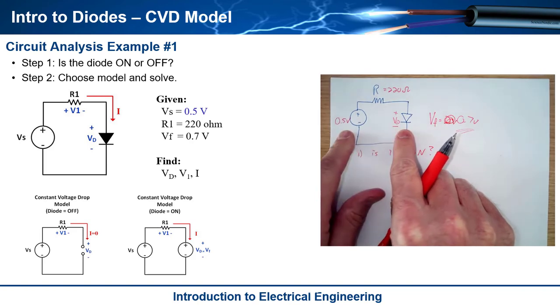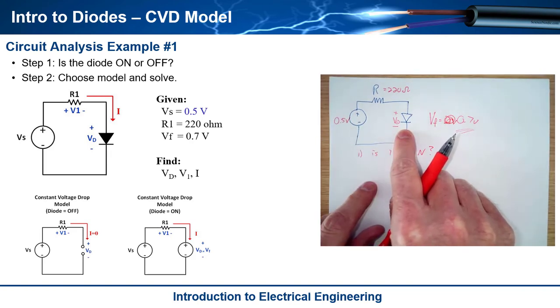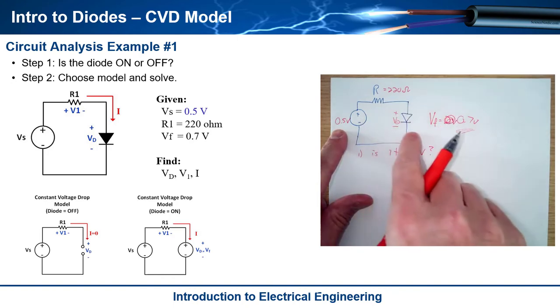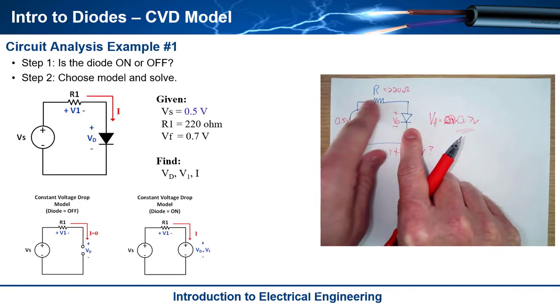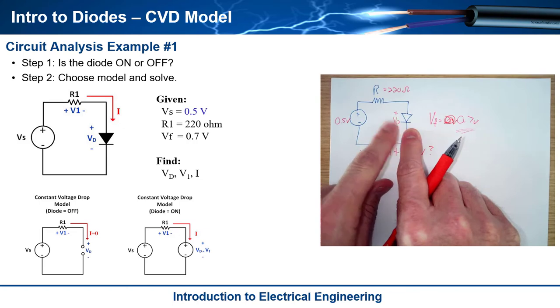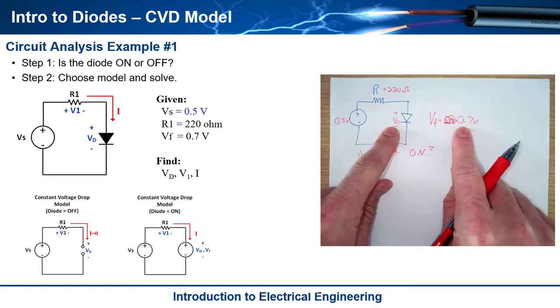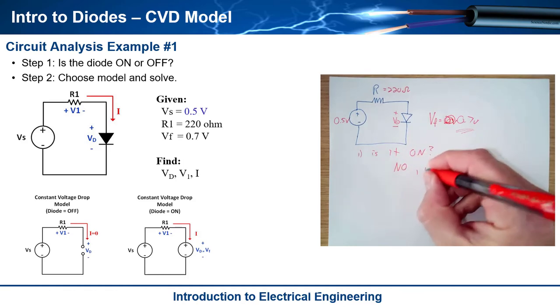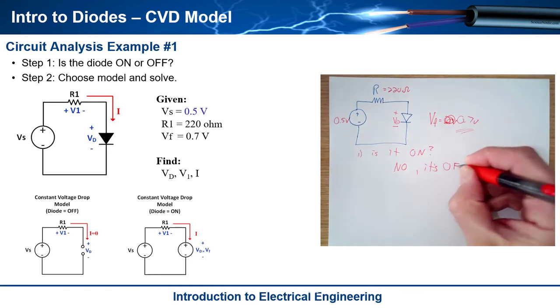I look at this circuit and I realize immediately that my voltage source is only 0.5, and it's the only voltage source in the circuit. That means there is not enough voltage coming from the source to develop more than 0.7 in the circuit. So the answer is no, it's off.